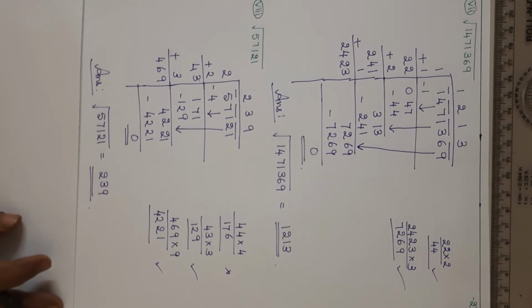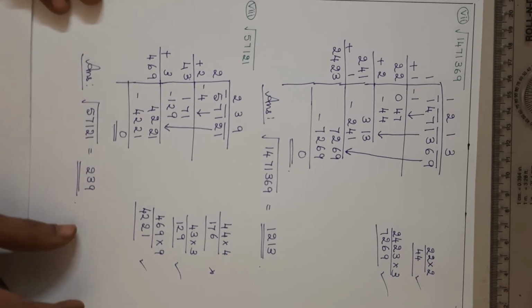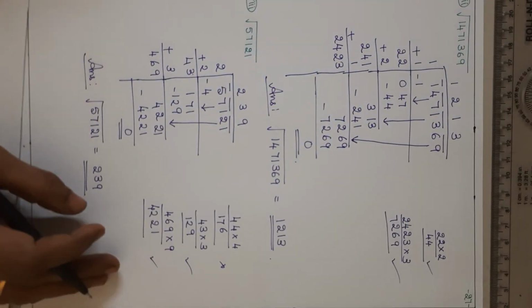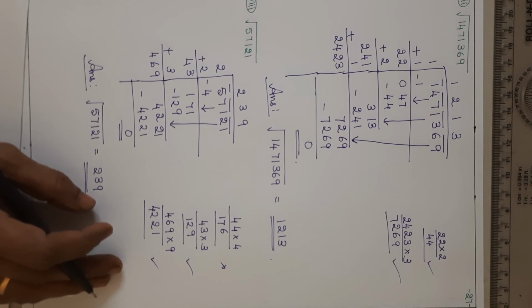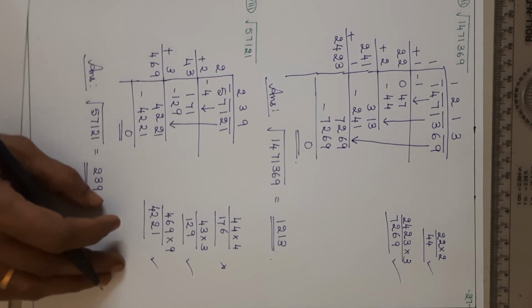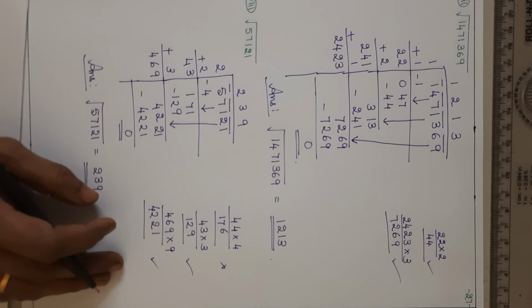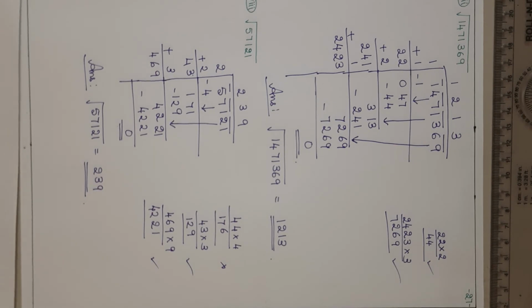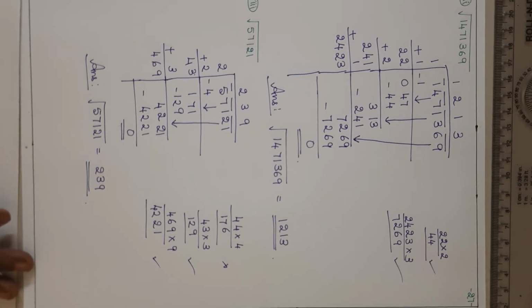Is it clear? So we have completed the worksheet. It is worksheet number 4, isn't it? First question, all the sums, find the square root by long division method. So be confident of this method because this is the method you are going to use in each and every sum.